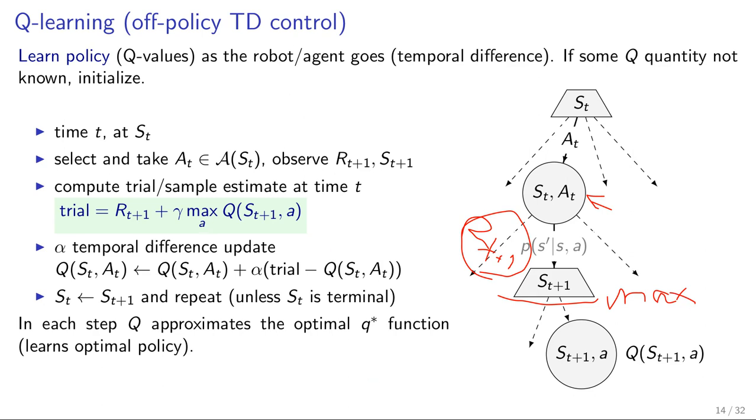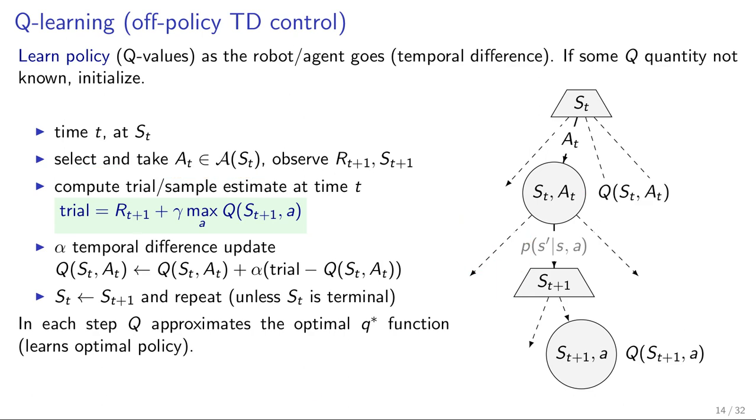And so that means you're considering for your update the maximum of where you can go next. In that sense, it's off policy, because no matter what policy you're currently executing, you're doing the updates with this max.